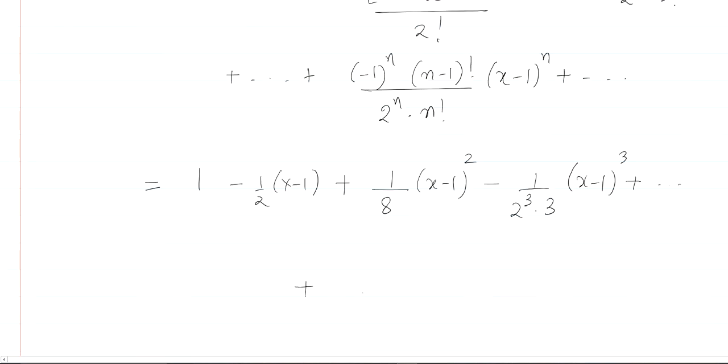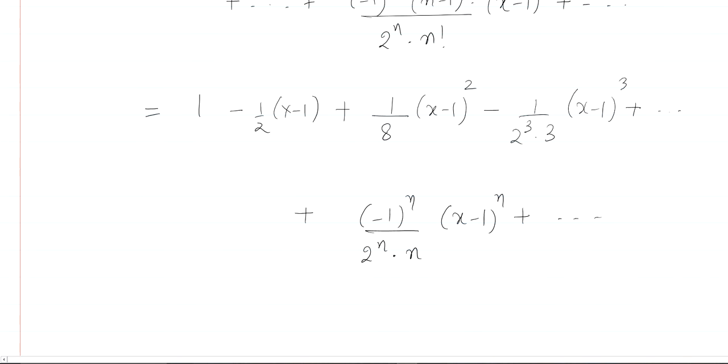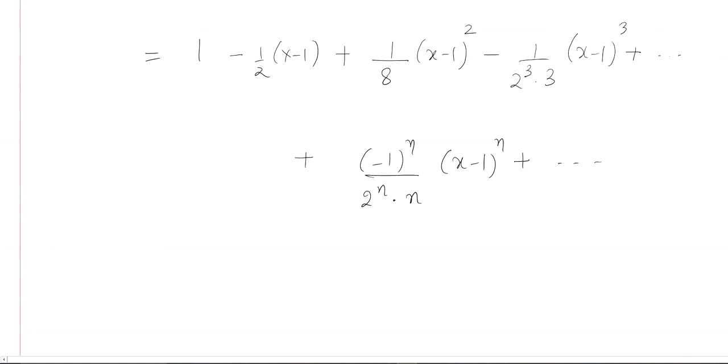And then the nth term becomes minus 1 to the n. The n minus 1 factorial and the n factorial end up giving us 2 to the n times simply n, and then x minus 1 to the power n plus dot dot dot. So this would be the answer to the first part of the question, where we have the first 4 non-zero terms and also the general term.